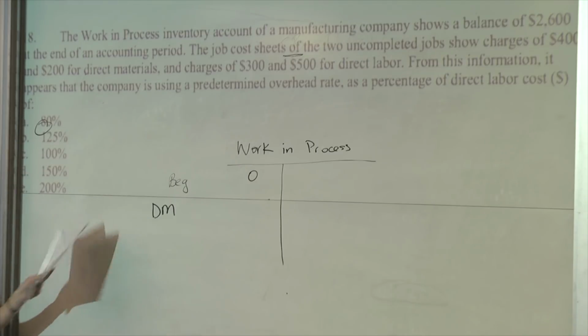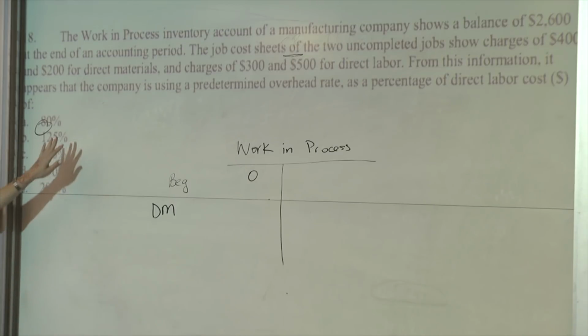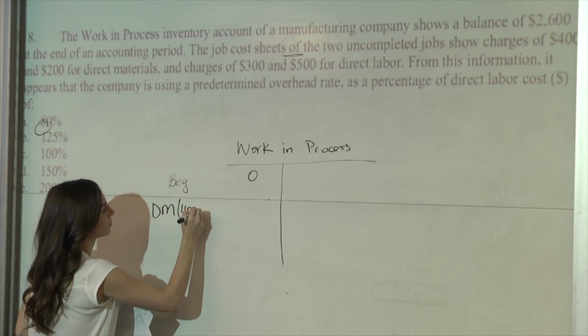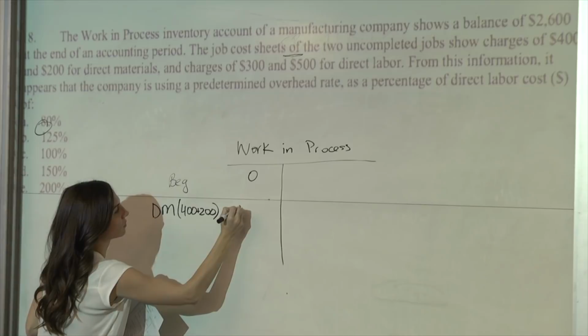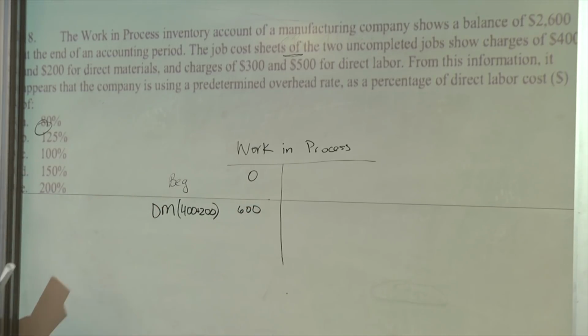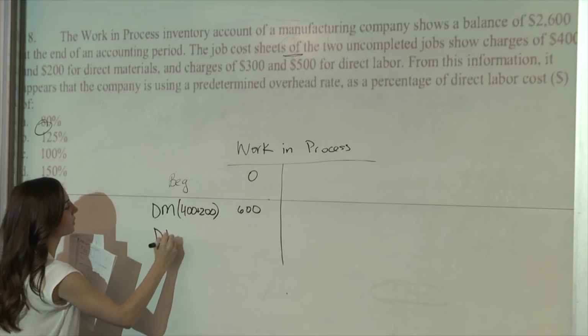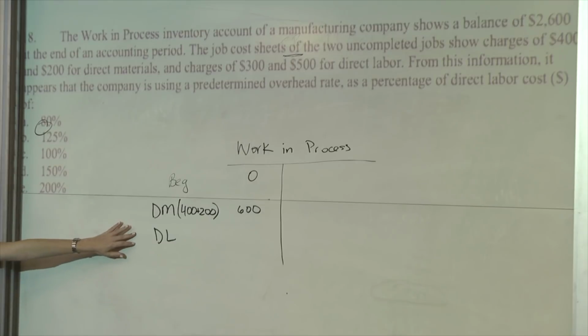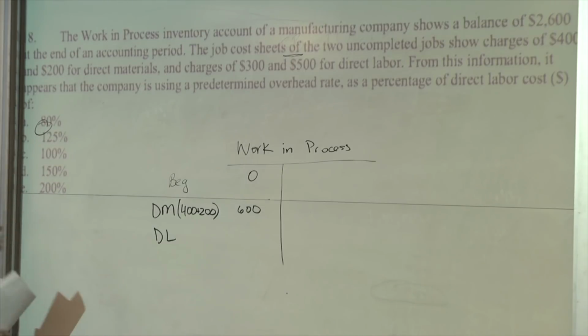So the first product cost we have is direct materials, and we're given the information. And we see for the first job, it's 400, and for the second, it's 200. So we just need to add those together to get the total. So we're also given the second cost that we're going to consider here, which is direct labor, and we're also given that information.